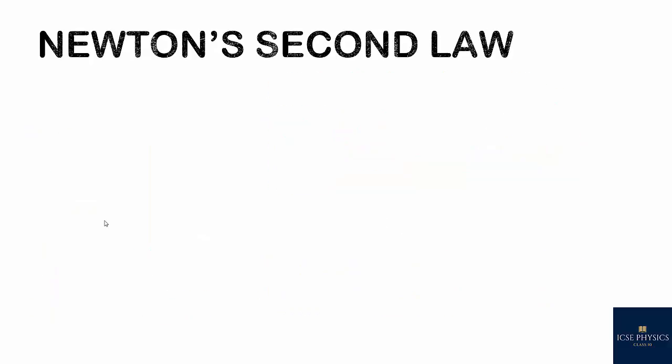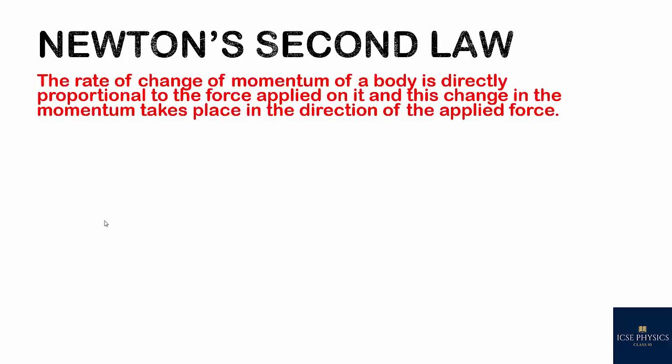Now let's see Newton's second law according to the bookish definition. It states: the rate of change of momentum of a body is directly proportional to the force applied on it, and this change in momentum takes place in the direction of the applied force. Now there are so many words, so let me explain in an easy way.